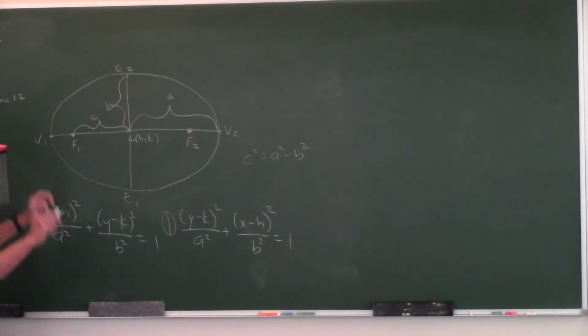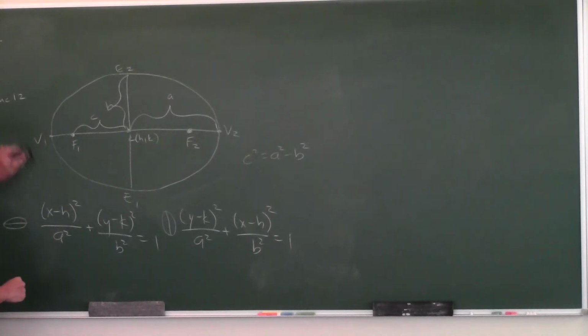Learned in quotation marks. But see, the thing is, last year, you guys only learned just a tiny bit of the ellipse. Because whenever you have a conic section, like a parabola, last night's homework, whenever you have a focus, there has to be a directrix on the other side.